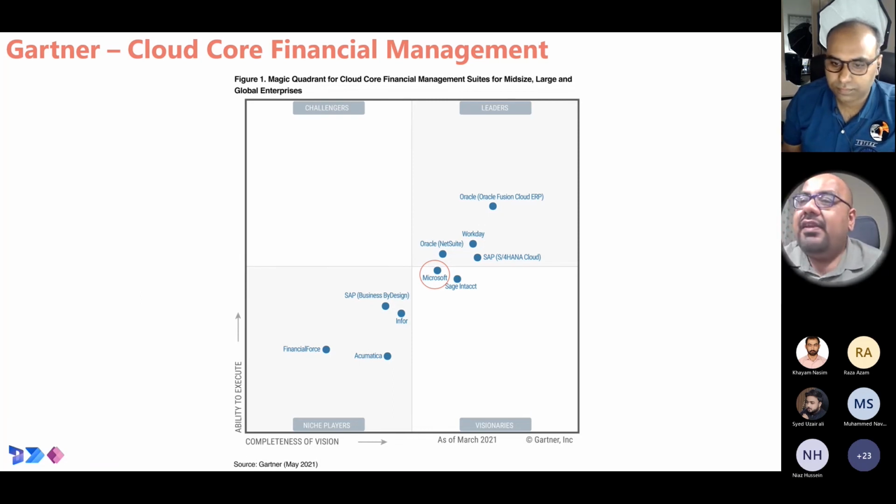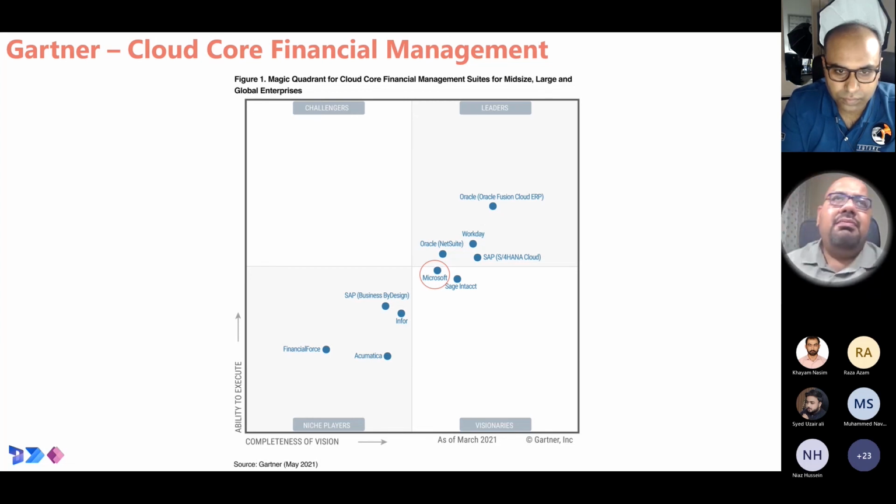You can see here, specifically for cloud core financial management, although Oracle is one of the best solutions in the market up till now, Microsoft is progressing day by day. Today we are seeing it only in the visionary quadrant, but it might be possible that in a couple of years it is going to supersede Oracle, passing Oracle or even the market. That's what you will find here.